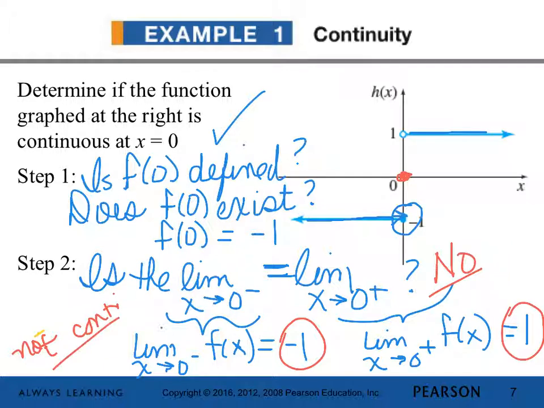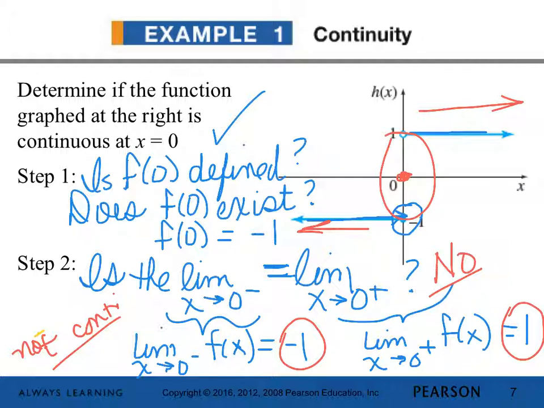But it's very specifically at x equals 0 that there's an issue, because we have this break. If we were talking about any value that is greater than 0, it appears to be continuous, because we don't lift our pencil on that side. For any value that's less than 0, we don't have to lift our pencil.